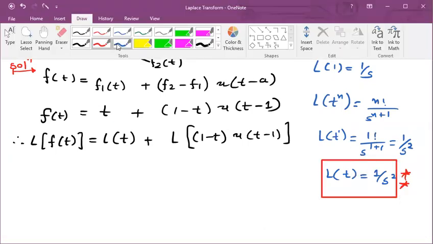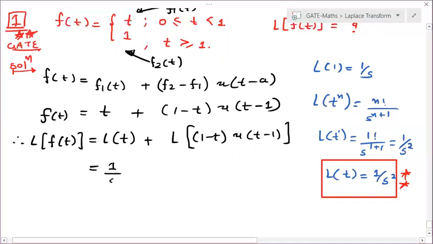Now let us continue from over here. Laplace of t is 1 by s square. Now if I am applying the second shifting property, for u of t minus 1, it should be written as e to the power minus as. A is 1, right? So minus 1s. For this to be converted, I have to add plus a over here.